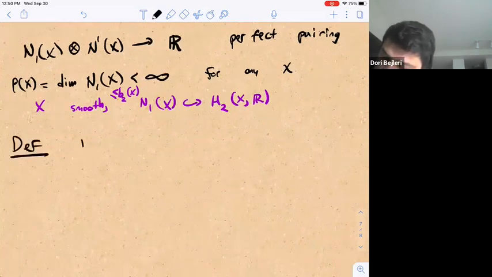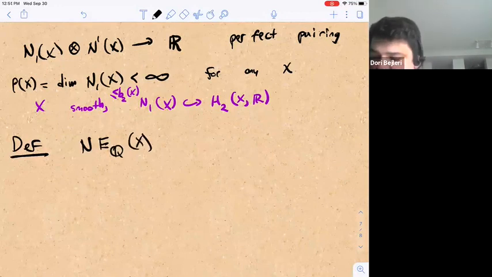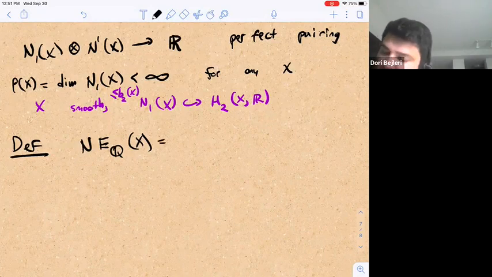Okay, so let's define then our cone of curves, just like before. So the rational cone of curves, NE_Q(X). I think NE stands for numerically effective, because we're looking at numerical equivalence classes and we're looking at effective curves.